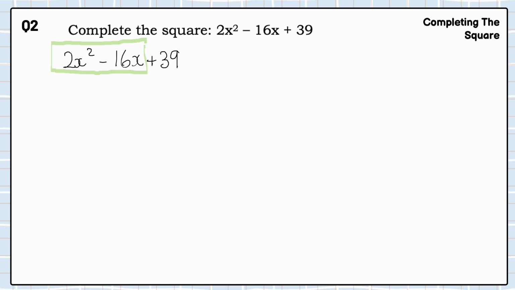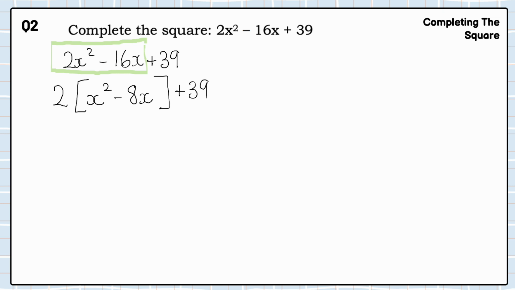If we factorize out the 2, we get 2, and I like to use square brackets, and inside the square bracket is going to be x squared minus 8x, like so. And then this number at the end, plus 39, we just ignore.